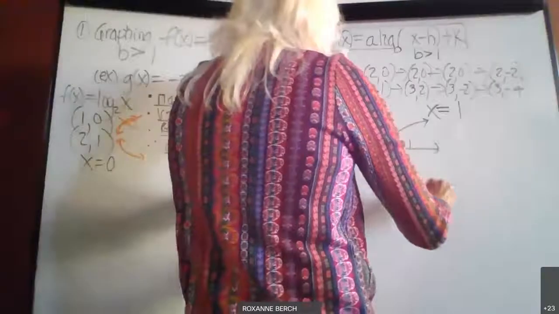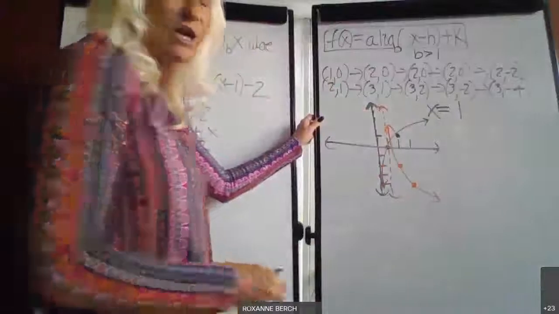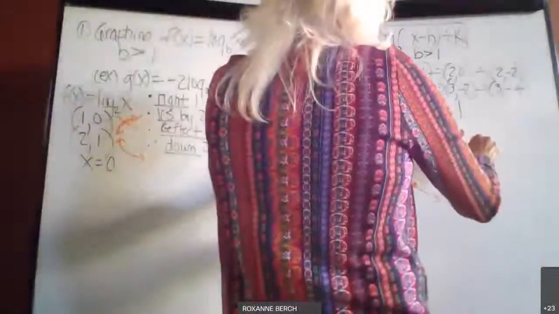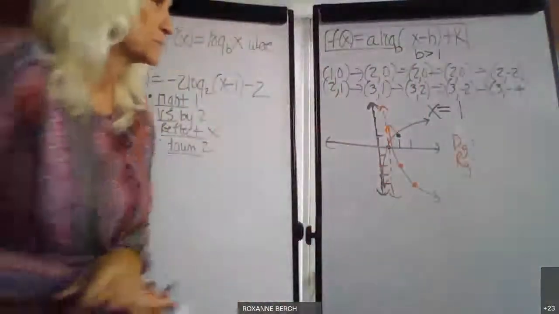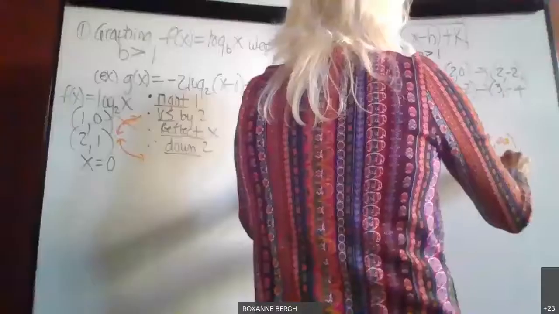So he's going like this. And they want the domain and range of G. So what's the domain of G? 1 to infinity, open on 1, to the right forever, and the range is negative infinity to infinity.